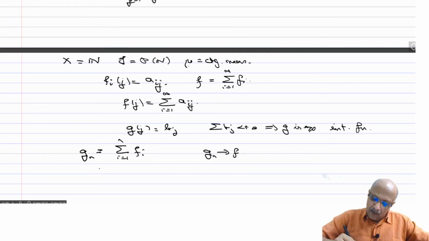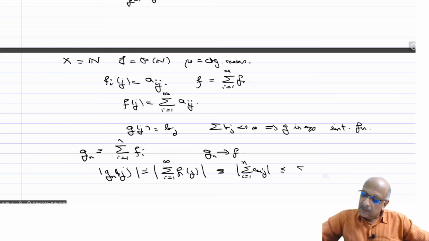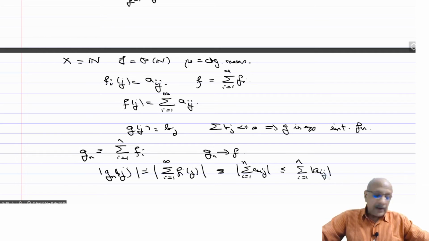Okay, and you have mod g_n at any j equals mod of the sum from i equals 1 to n of f_i of j, and that's less than or equal to the sum from i equals 1 to n of mod a_ij, and that is therefore less than or equal to b_j equal to g of j.